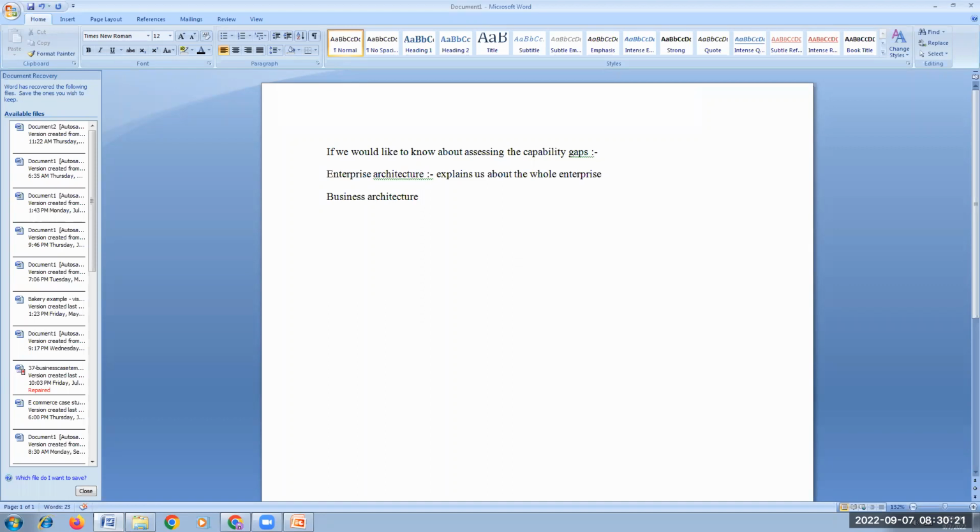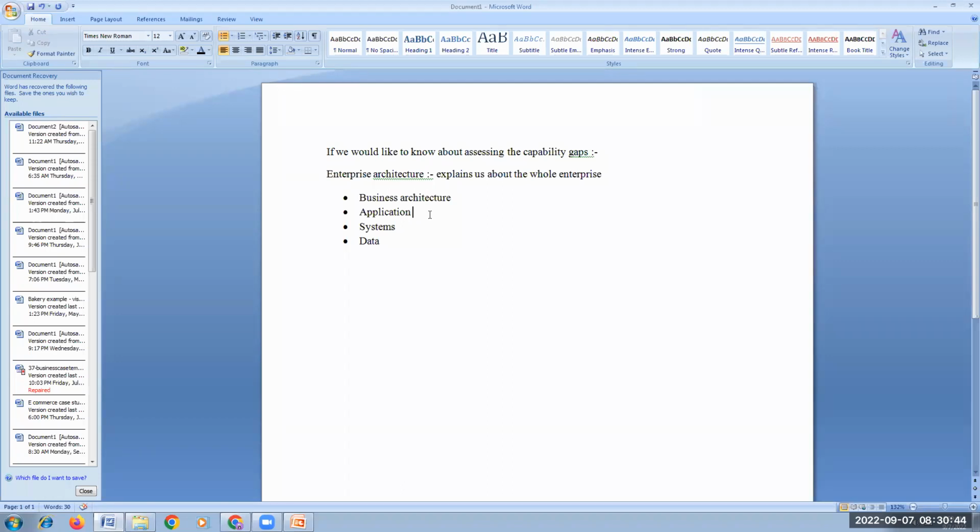Second, the application architecture. The systems architecture. The data architecture even. So these are the 4 different architectures. Being a business analyst, we must have a clear understanding.